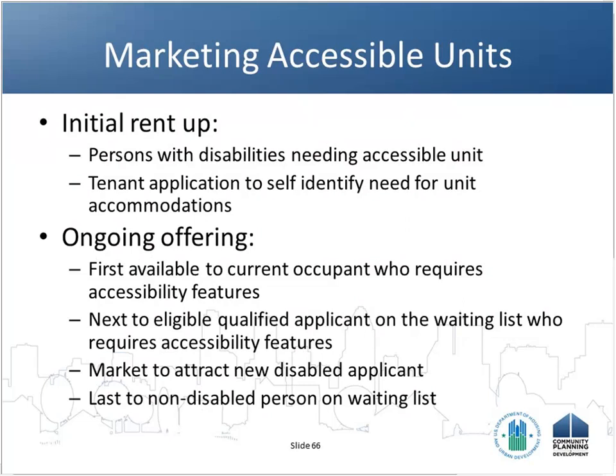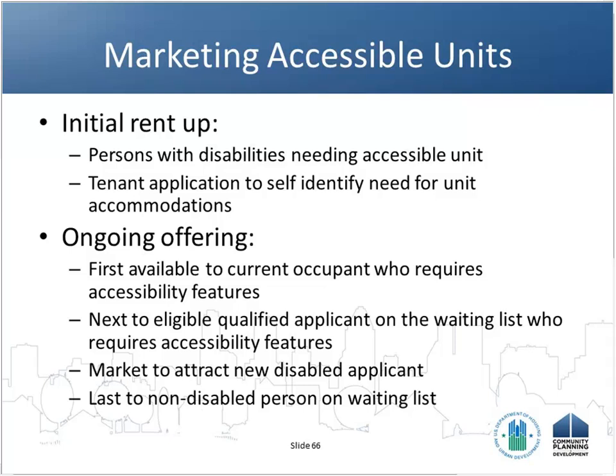So at initial rent-up, we're going to make sure that we have a person with disabilities that actually needs that accessible unit. Now, that decision about who needs an accessible unit would be based on the tenant self-identification that they have a need. So as part of a tenant questionnaire, we would be asking them whether they need any accommodation, and whether it was sensory or mobility that was needed.